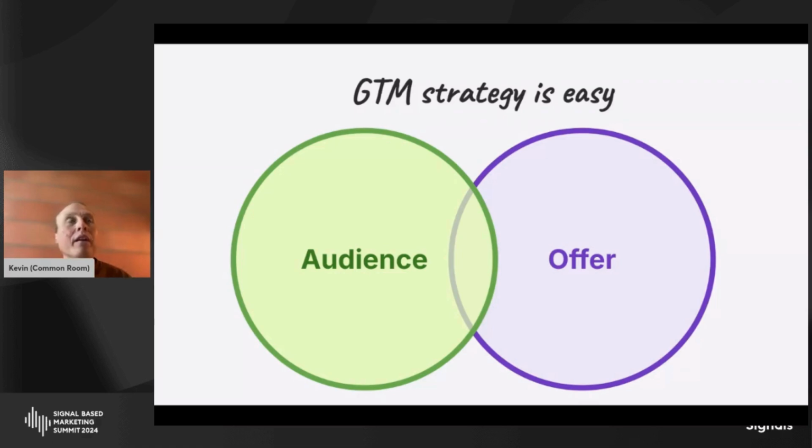Signal-based go-to-market is combining that audience with what you say to them. Do you offer them a free trial? Do you give them a free resource? The bigger the overlap between those two things, typically the higher converting your go-to-market approaches will be. And by go-to-market approach, I mean your outbound messages, your marketing campaigns, all that kind of stuff.